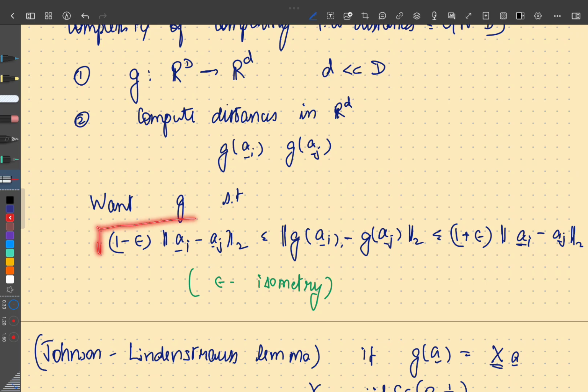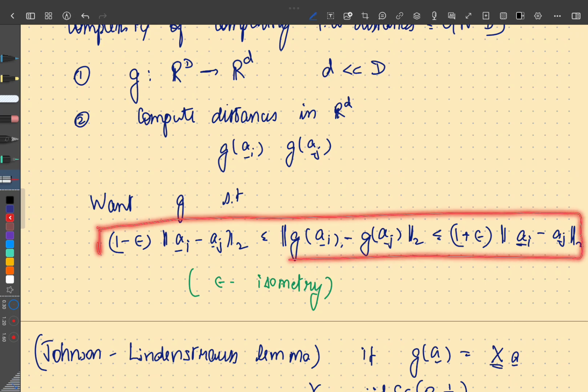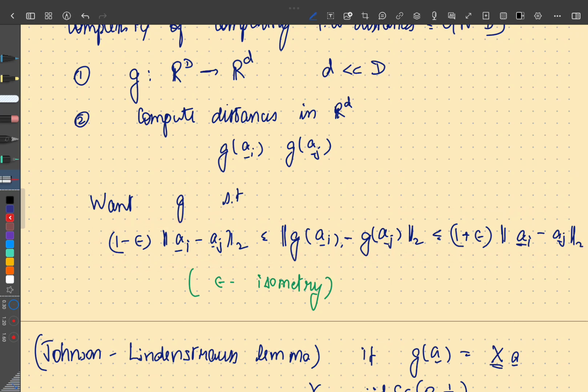Any map which ensures that the distance between pairs of points is approximately preserved is called an epsilon isometry. If the distances are exactly preserved, such a map is called an isometry. This is not an exact isometry, only an approximate one, so we'll call this an epsilon isometry.